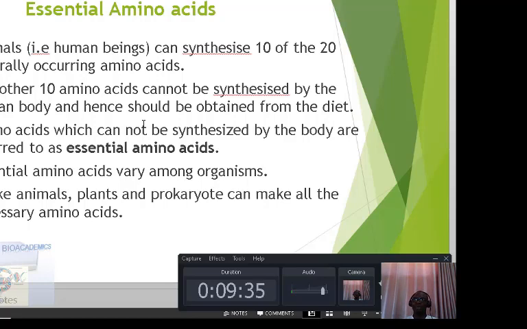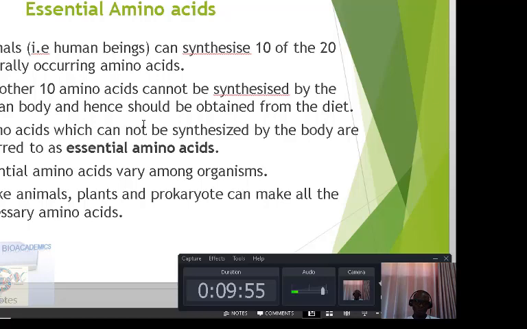I've got a number of essential bacteria in our body that tend to produce some of these essential amino acids. For instance, tryptophan is one of those essential amino acids that is produced by a bacterium known as E. coli, Escherichia coli, scientifically known.